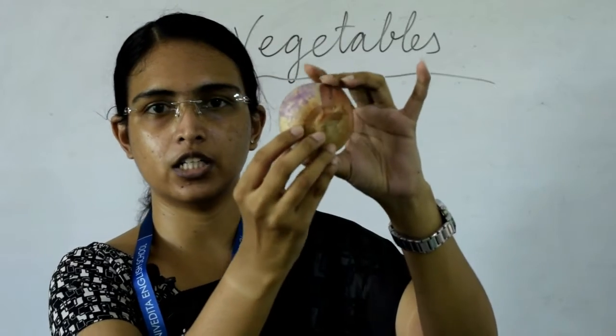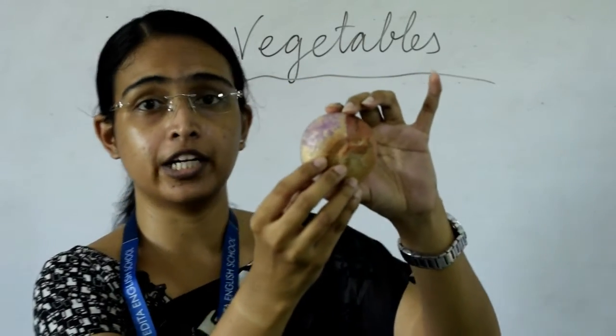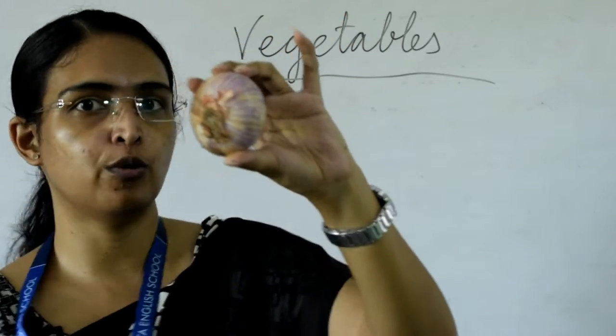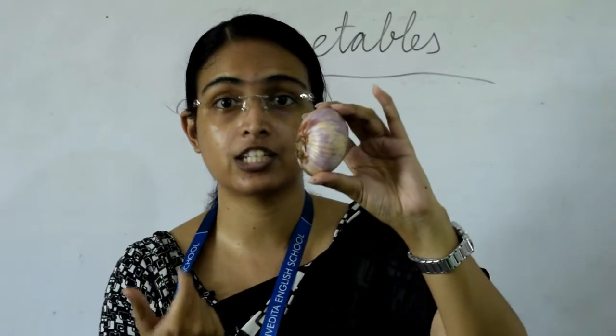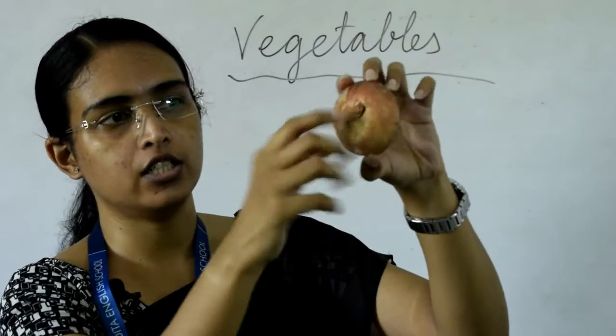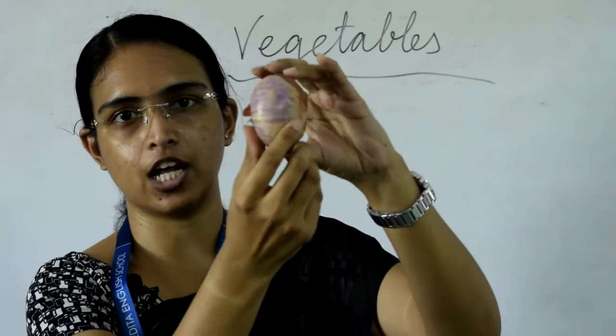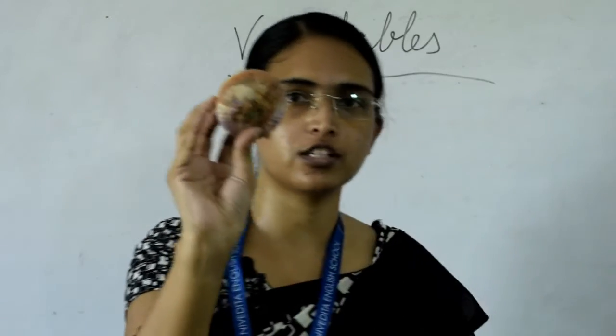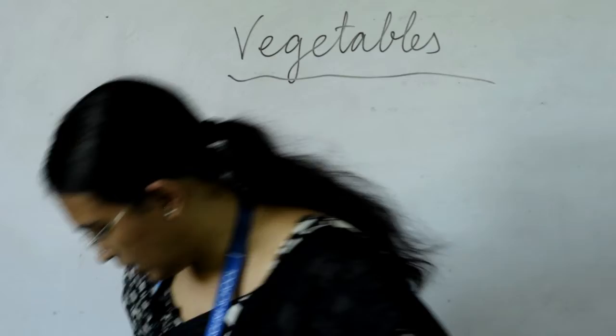We put onion in our food, right? In meat, fish, we use this onion, right? To make it tasty. So what is the color of an onion? It's pinkish in color, right? Look, pink color. So this is also a vegetable.